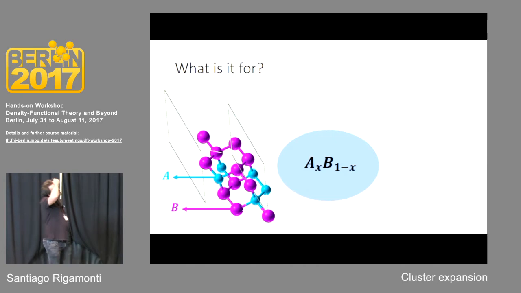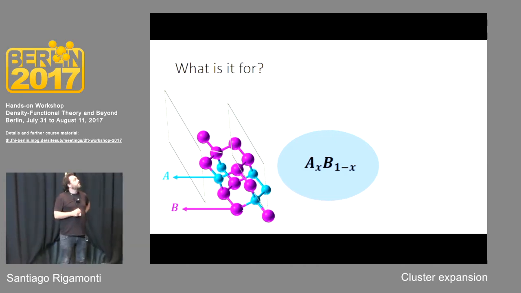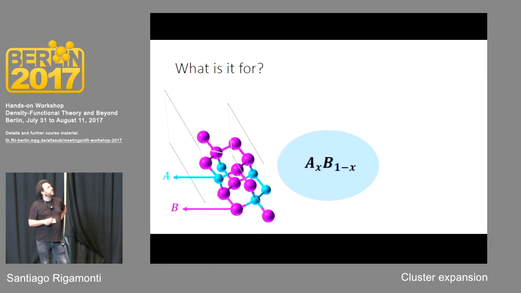So suppose you have an alloy system composed of two elements or two species. Let's call them species A and species B, and then you have a crystal. And then you have a chemical formula for this compound, that is A_x B_(1-x), for instance.